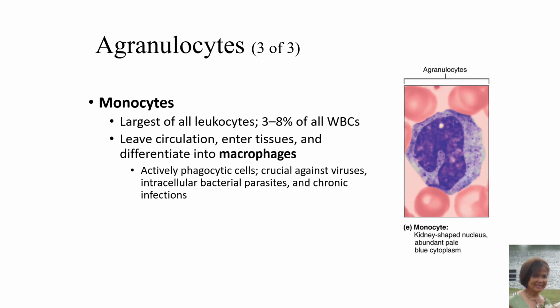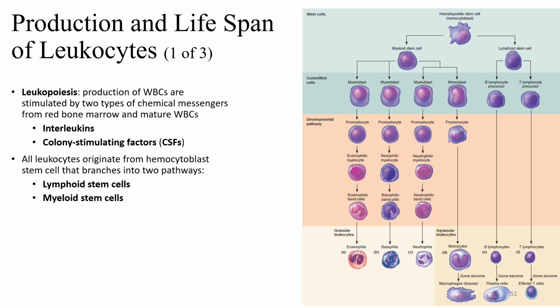These are actively phagocytic cells. They're very voracious. They eat almost anything that needs to be cleaned up and put away. And they are crucial in protecting the body against viruses, intracellular bacterial parasites, and chronic infections.